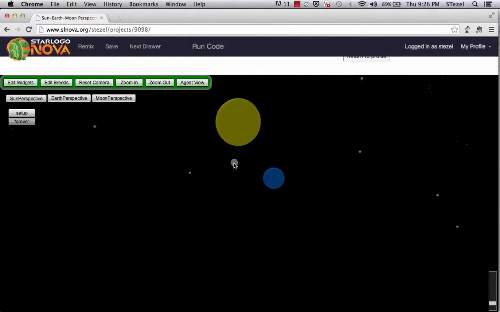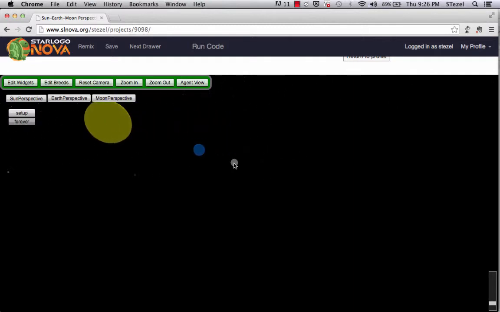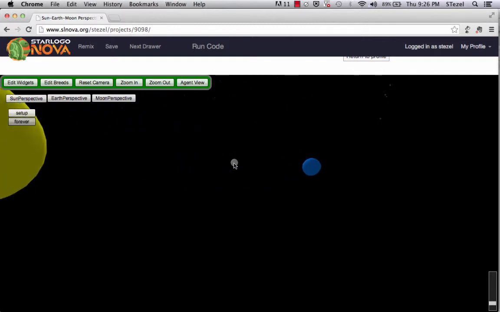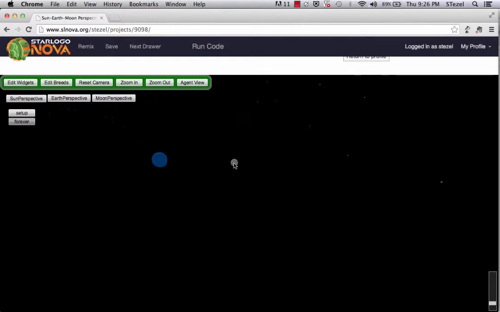So if as a species we had evolved on a moon of a planet, the world would have been even harder to decipher and explain. But here you see the beauty of a programming environment like StarLogo.